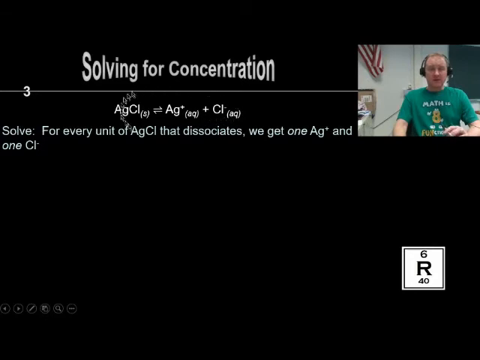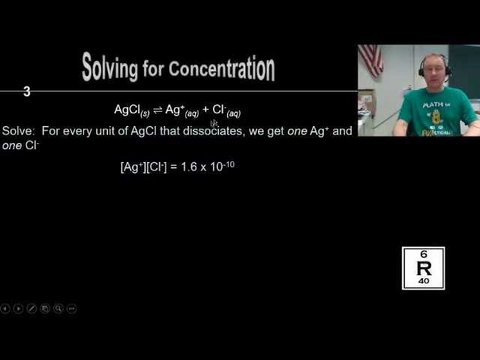With this equilibrium expression, for every 1 mole of silver chloride that dissociates, it's going to produce 1 mole of silver and 1 mole of chloride. It's a 1-to-1 ratio, see, because there's no coefficients here. So if it's a 1-to-1 ratio, and we take a look at our equilibrium expression, when this dissociates, you're going to have equal amounts of silver and equal amounts of chloride.